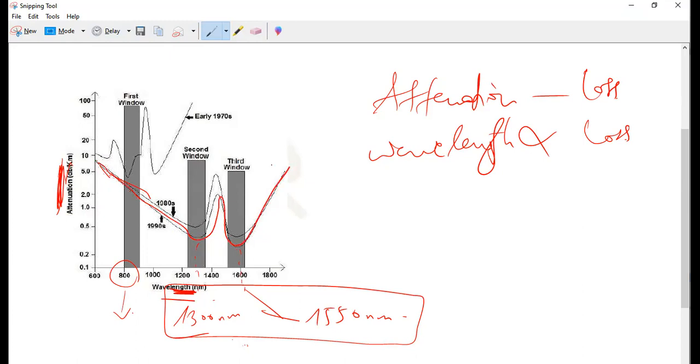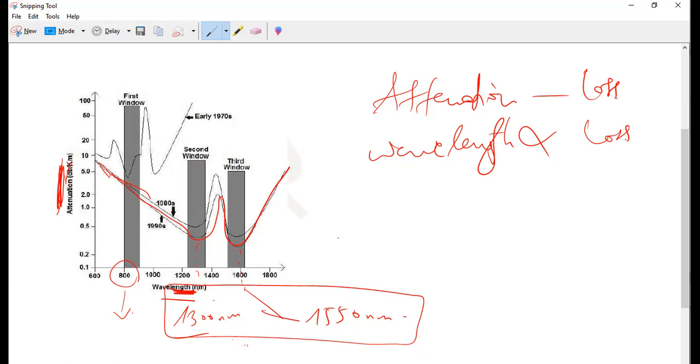That is your attenuation. At different given wavelengths, we have different attenuations. Which wavelength offers the least attenuation, which means the least loss? On the diagram it is around 1.3 micrometers to 1.55 micrometers.